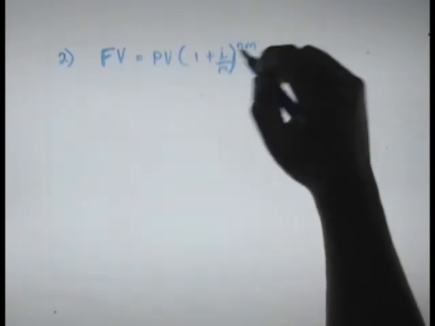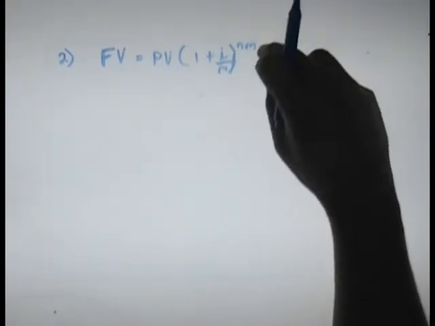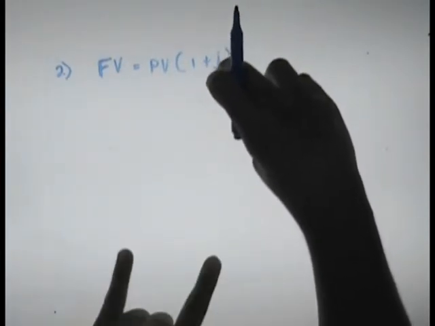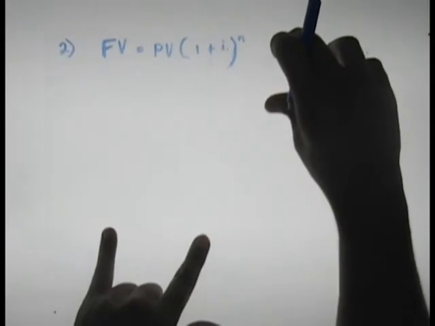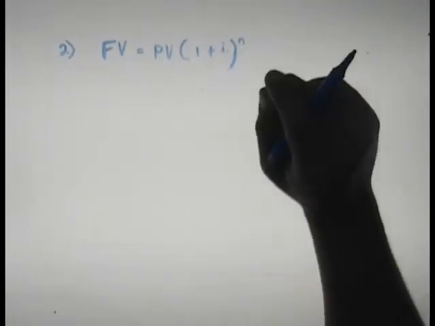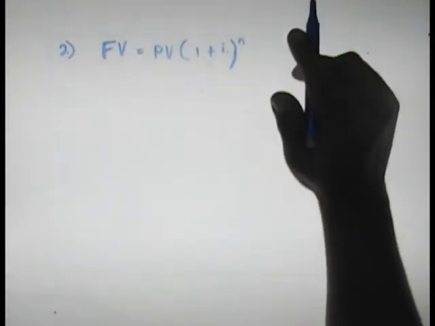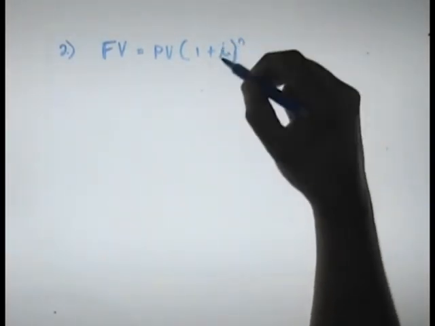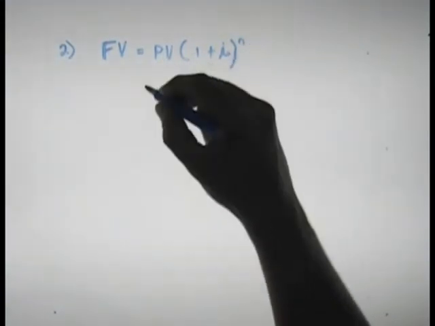The nice thing with inflation calculations is it's assumed that it's compounded once a year, so we don't need to put the m's in. So our equation that we are going to be using reads future value is equal to present value, open bracket 1 plus i to the power n.